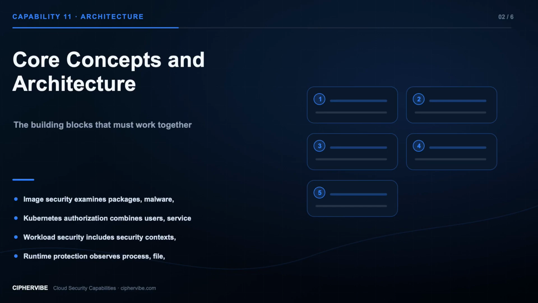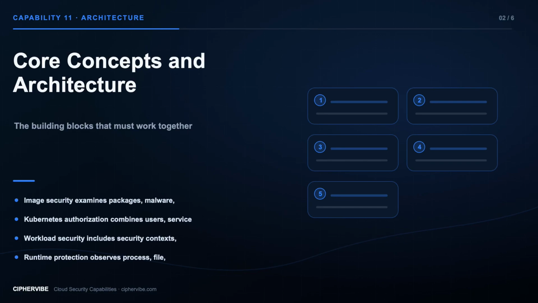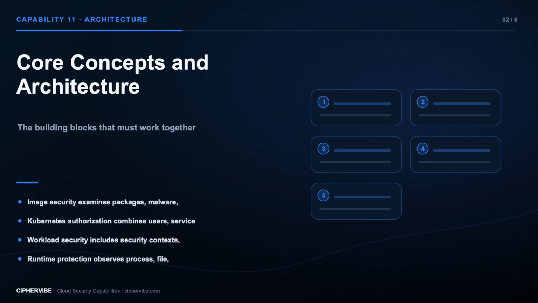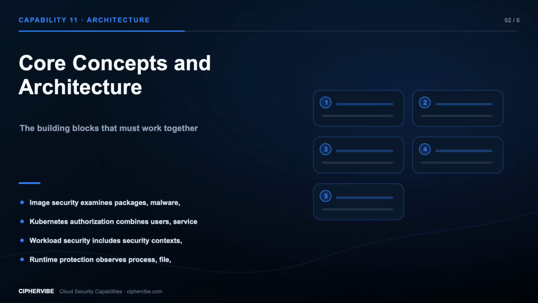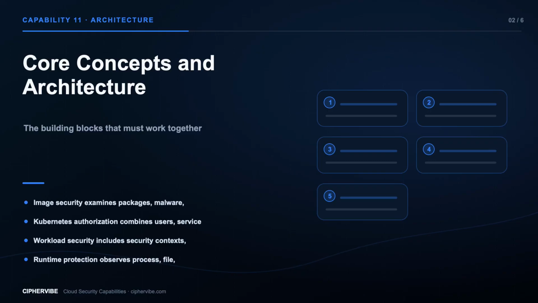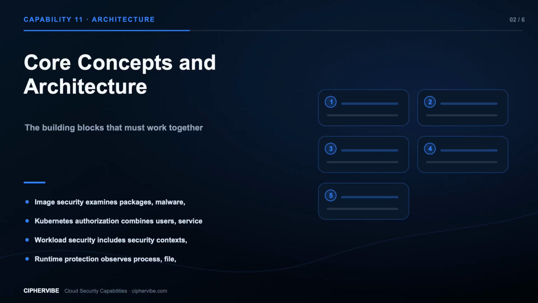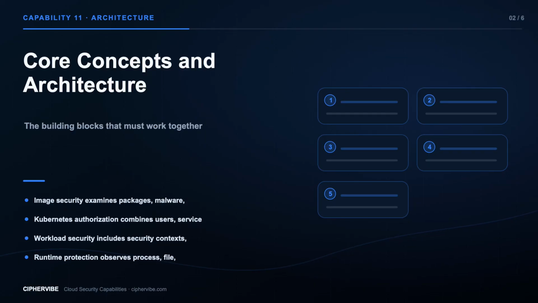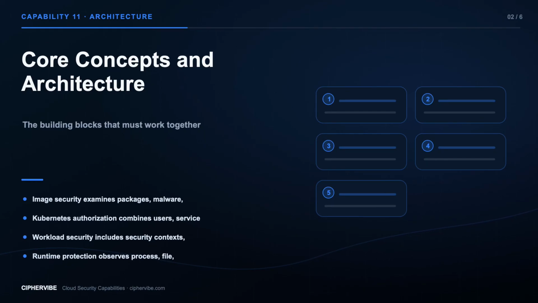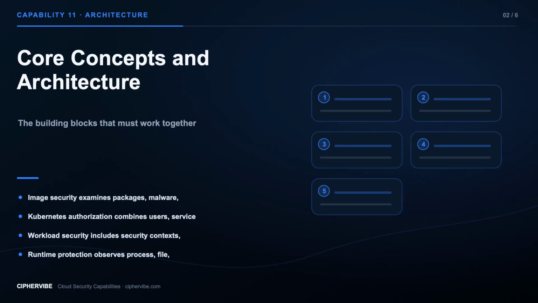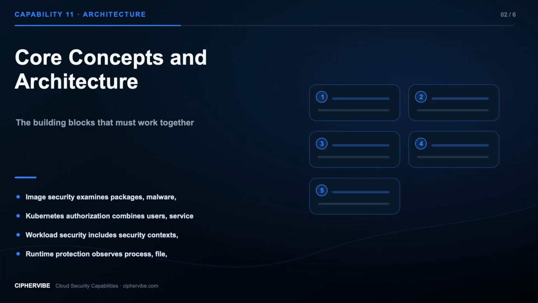The capability should create a traceable chain from source evidence to a security decision and then to an accountable action. First, image security examines packages, malware, secrets, configuration, provenance, signatures, base images, and deployment reachability. Second, Kubernetes authorization combines users, service accounts, roles, bindings, admission policy, and cloud identity integration.